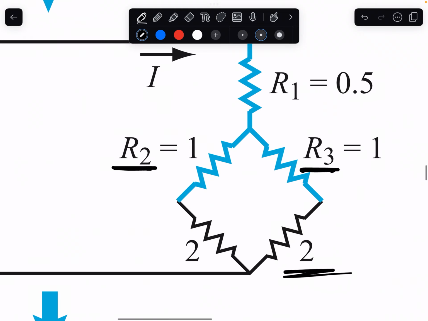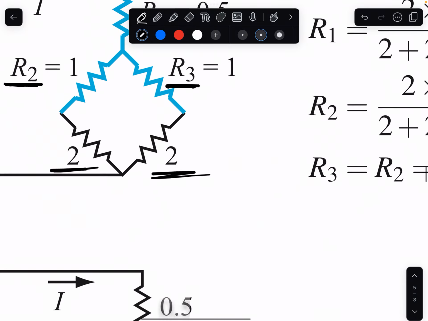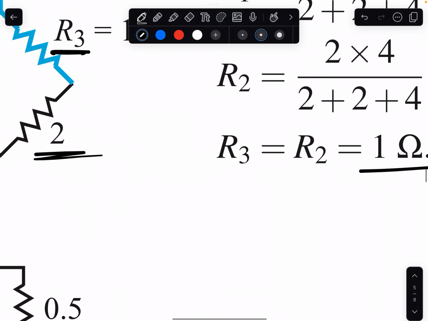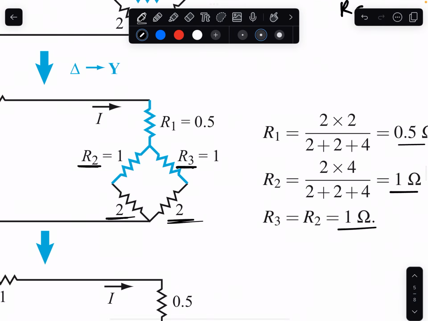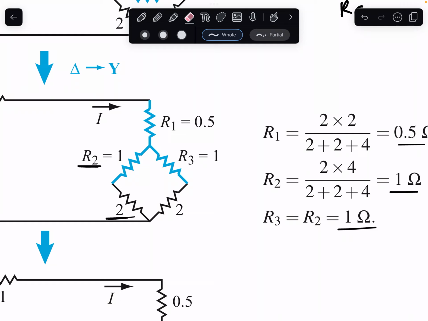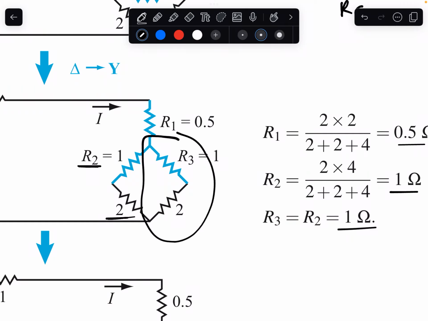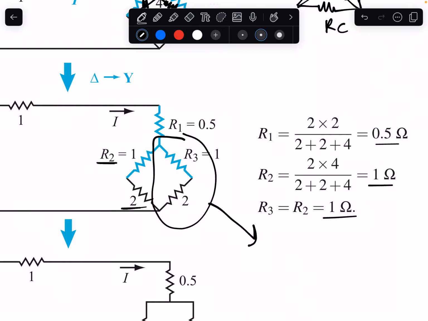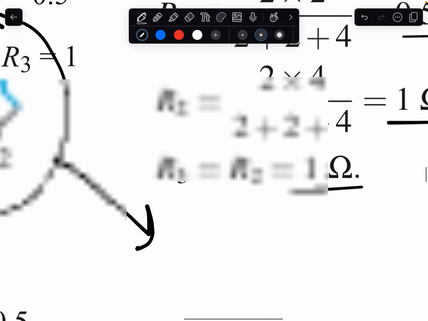And we have R2 in series with these other two, right? So since they're in series, this part right here would just simplify to, since they're in series, you can add the resistors.